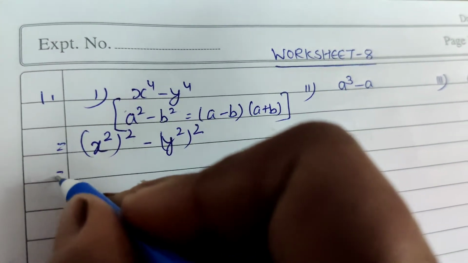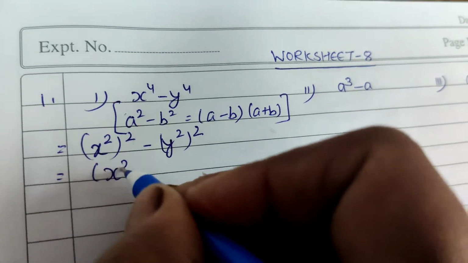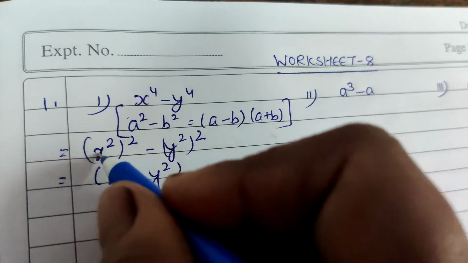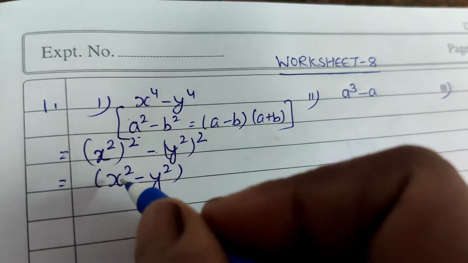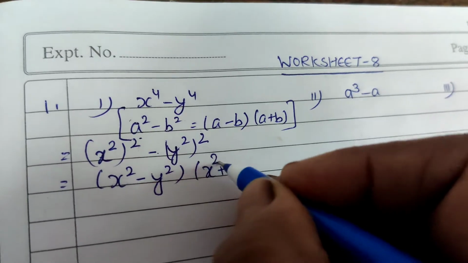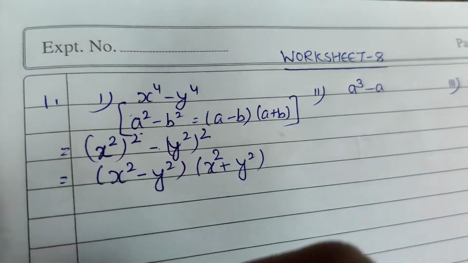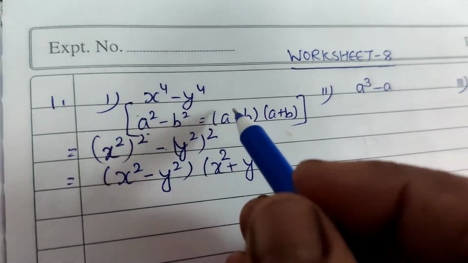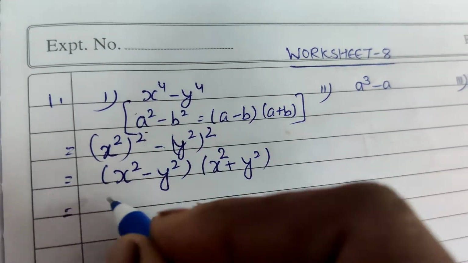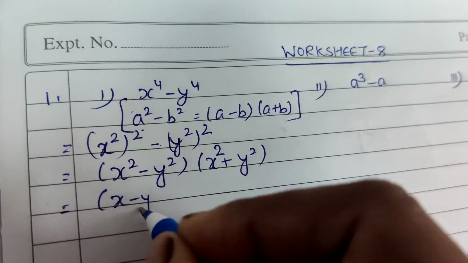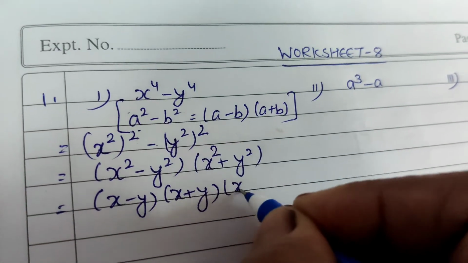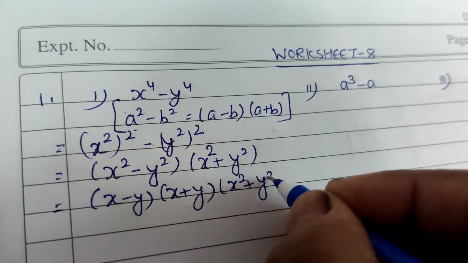So we can write x square minus y square, where x square is a and y square is b: a square minus b square, which is (a minus b) and (a plus b). Again use the same identity a square minus b square, that is (x minus y), (x plus y) and (x square plus y square).